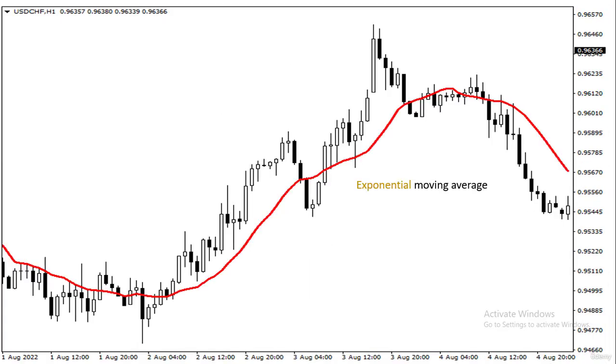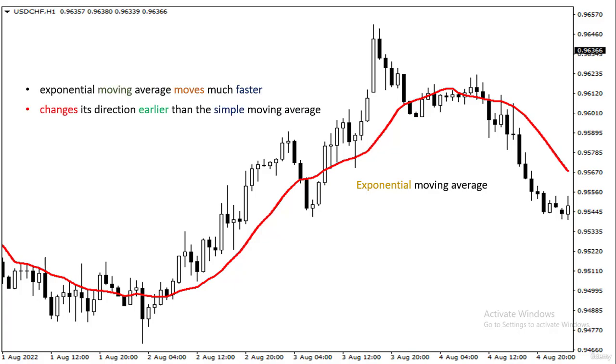On the other hand, the exponential moving average gives greater weight to more recent price action. The exponential moving average moves much faster and changes its direction earlier than the simple moving average, which means that when the market price changes direction, the exponential moving average recognizes this sooner, while the simple moving average takes longer to turn direction.